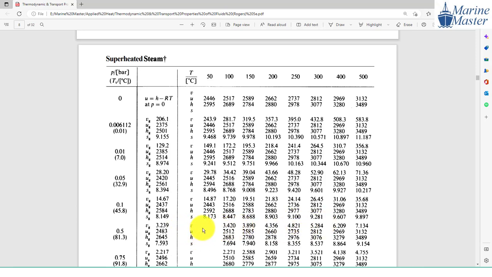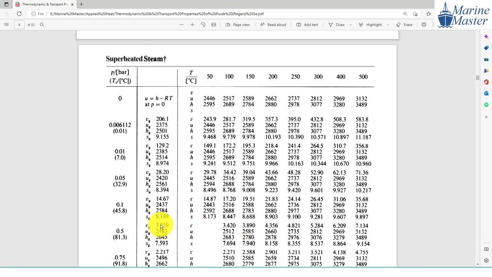We don't need internal energy, that is not that important for us. The next is enthalpy, and the next is the entropy of the superheated vapor. These things are related to saturated vapor, dry saturated vapor. But the right hand side of this column is entirely related to superheated vapor. So don't get confused thinking, oh sir, this is the property of Vg.